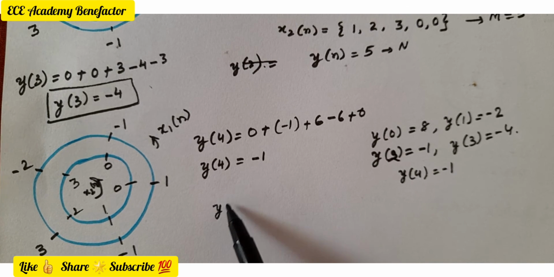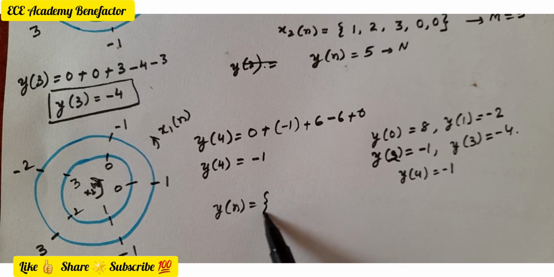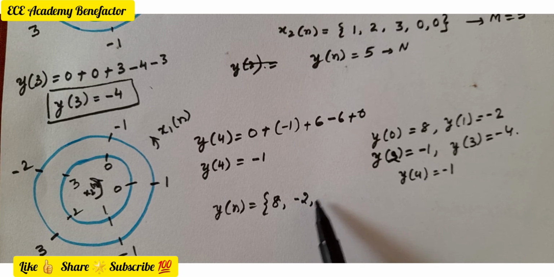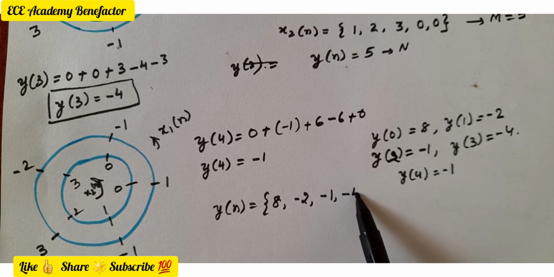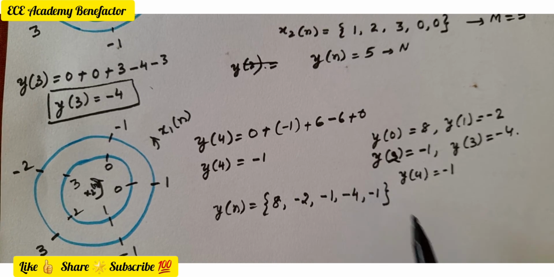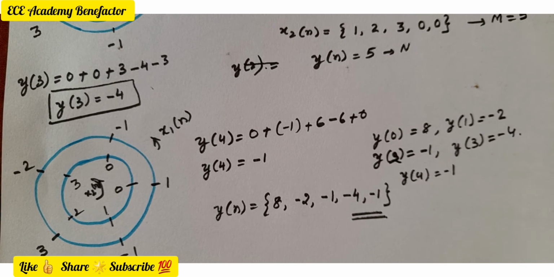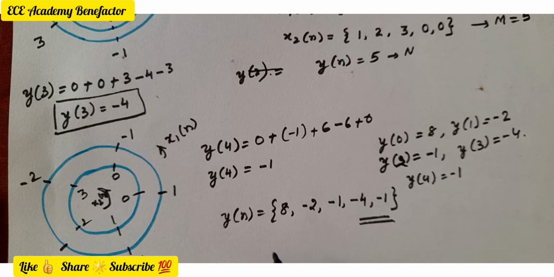So what is y of n? y of n is equal to 8, minus 2, minus 1, minus 4, minus 1. This is y of n. In this way we can compute y of n.